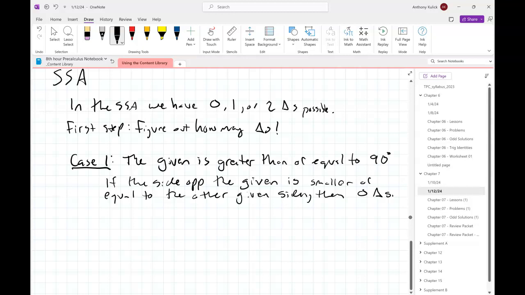Okay, and how many right angles or obtuse angles can a triangle have? Just one. That means it's also the biggest angle in our triangle. So what does the side opposite the biggest angle have to be? The biggest side. So if it's not the biggest side, then we can't make a triangle out of it. That's what this is saying.